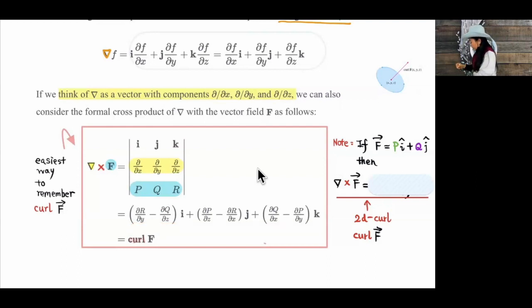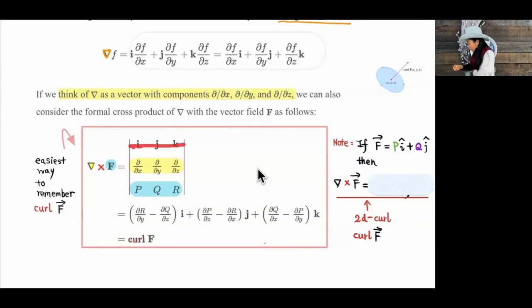Similarly, for the j component, remember when you calculate the determinant, the signs go plus, minus, plus when you expand. So this time it's going to be a minus for the j component.